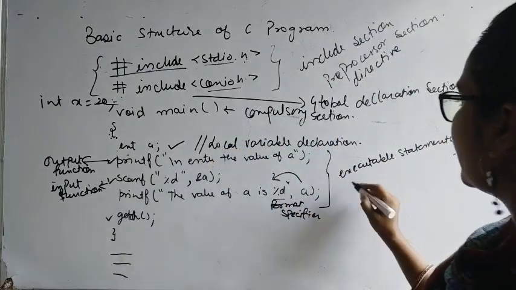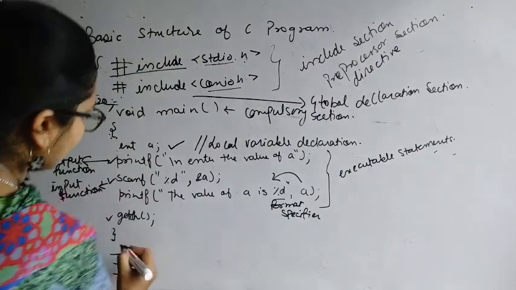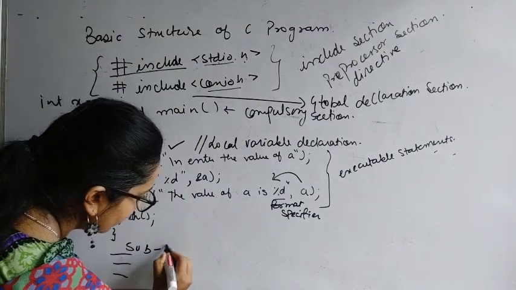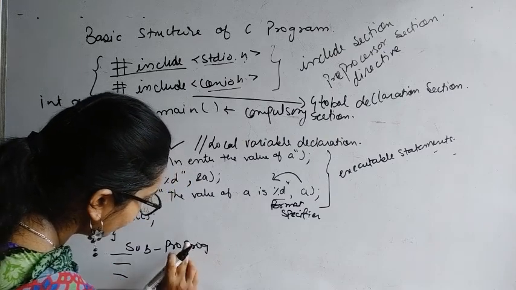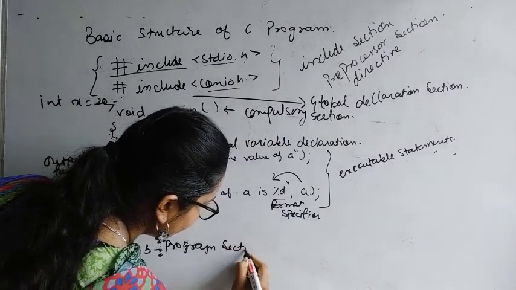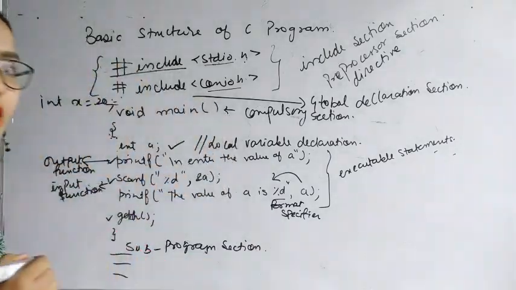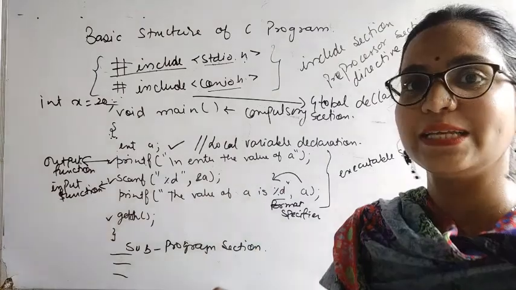Then after this we have the subprogram section, which is for user defined functions. So this is all about the basic structure of a C program.